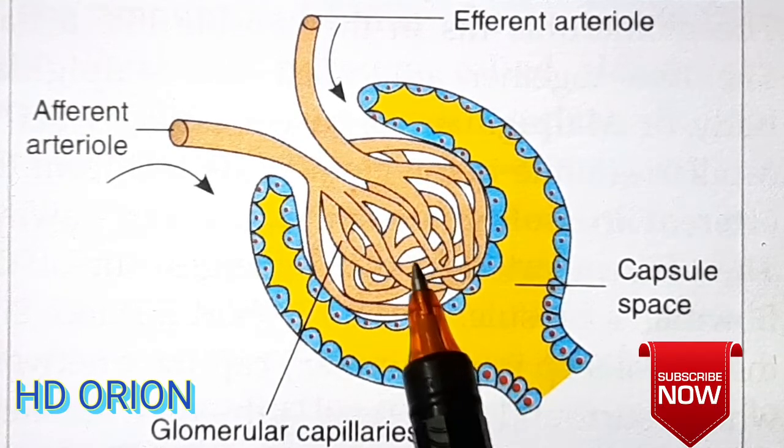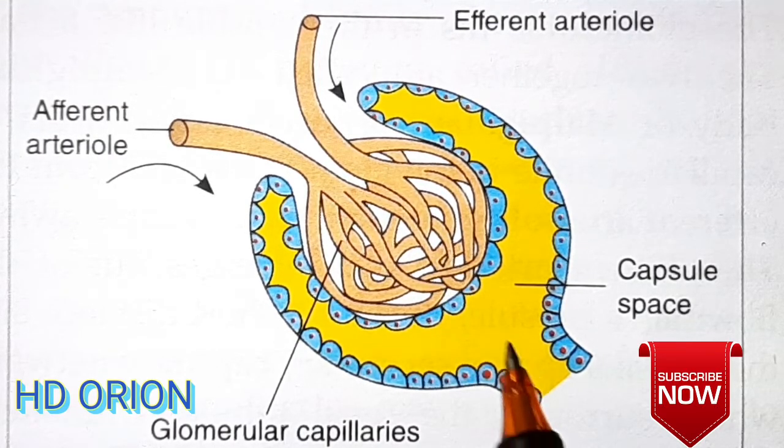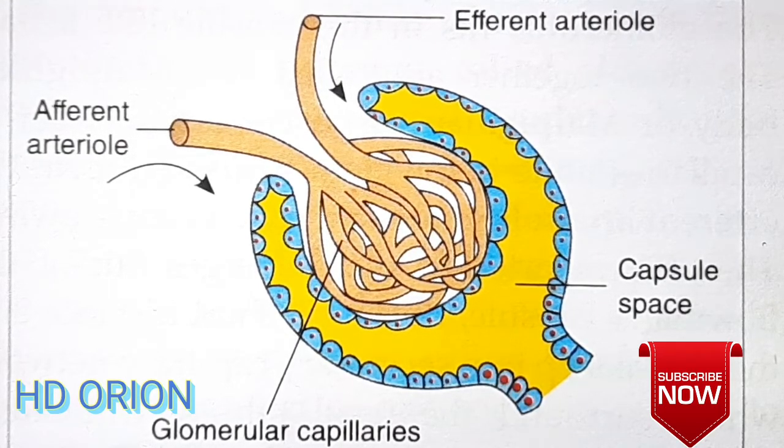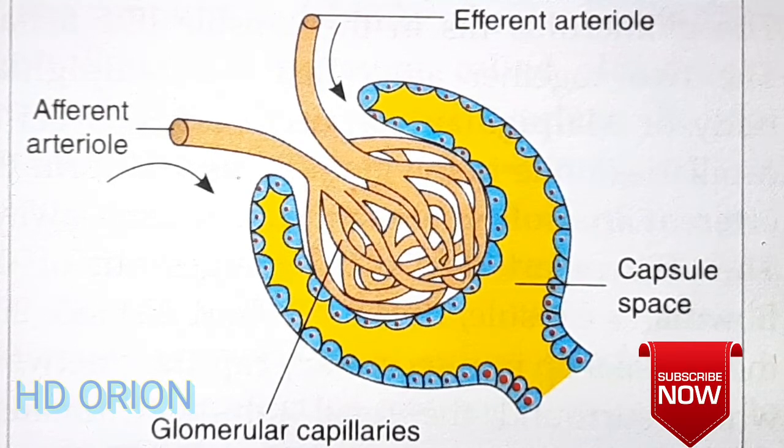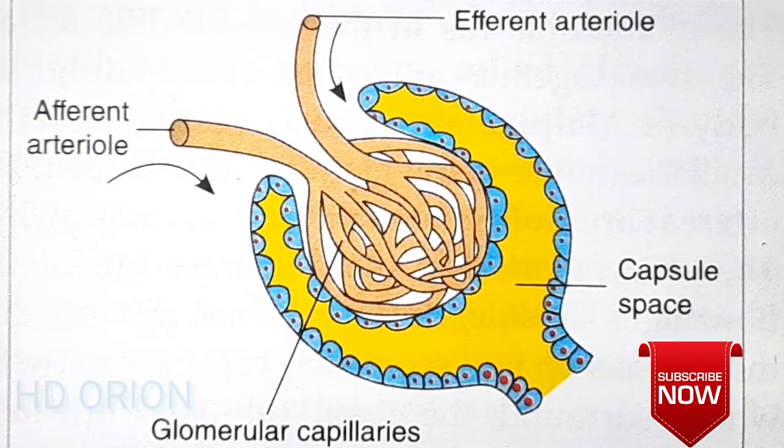This filtrate which is present over here carries a lot of important things: the small glucose molecules, some important amino acids, then vitamin C and many other things which are important and not meant to form the urine. In the glomerulus, in 24 hours, about 16 liters of filtrate is formed, but that much urine is not actually excreted.